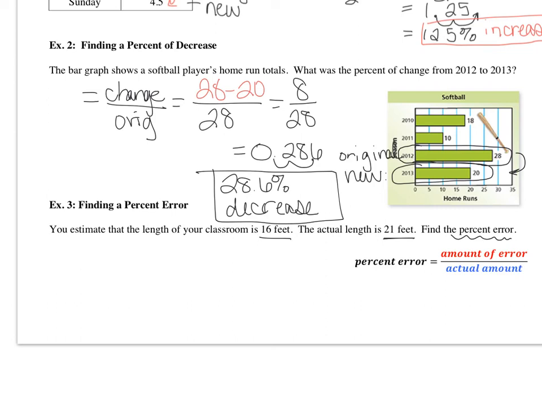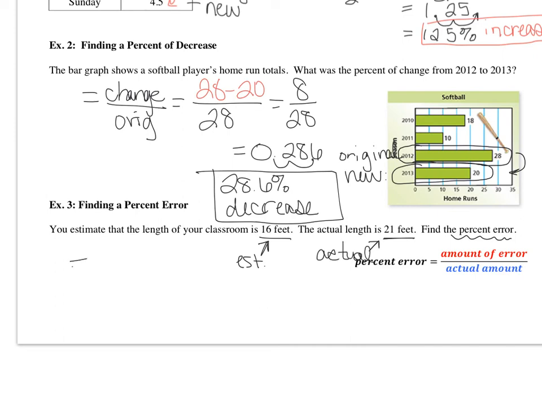The percent error equation would be the amount of your error. So again, with the amount of the error, we're subtracting, and we're going to put it over the actual. So instead of change over original, this is error over actual, or change over actual. We're going to put this as our estimate, and the 21 feet is the actual.